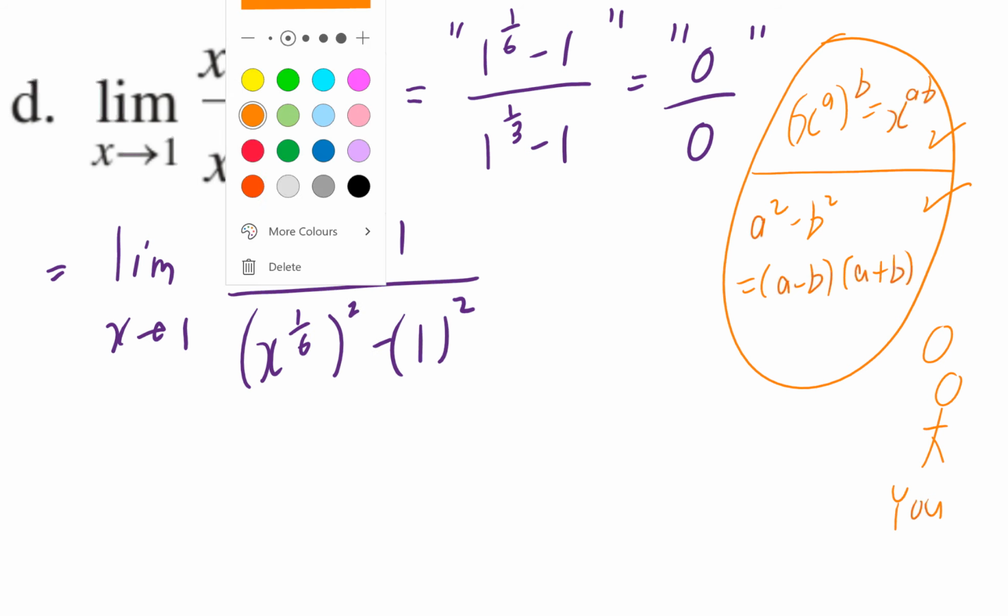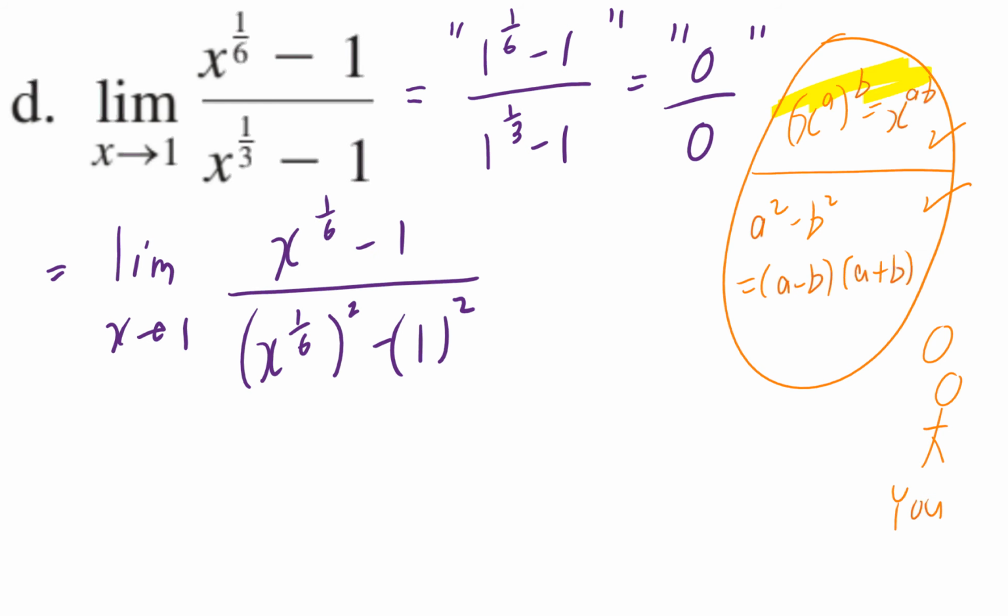Let me make sure you can see the connection here. Power to power means you can multiply the exponents. When you have x to the power of 1 over 6 in brackets to the power of 2, you multiply the exponents, and 2 times 1 over 6 gives you back 1 over 3. Make sure your exponent laws are in good shape.